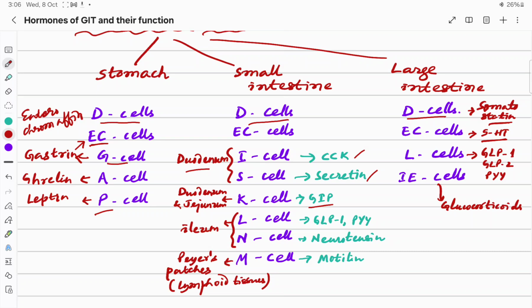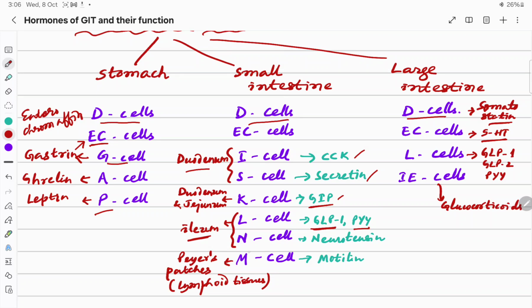There are two incretins, one is GLP, glucagon-like peptide, and the other is gastric inhibitory peptide. So K cells secrete GIP, and the L cells, located in the ileum, secrete GLP-1 and peptide YY.